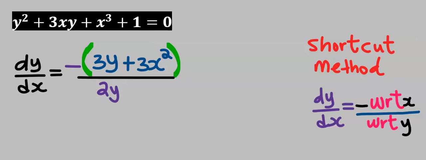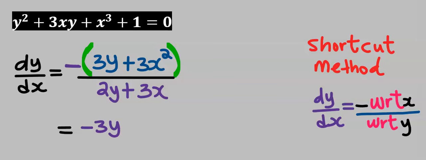Next, I'm going to differentiate 3y, ignoring x. If you differentiate 3y, you're going to get 3. However, because this x is multiplying, I'll just leave it attached to the 3. Next, expand the bracket. This minus will multiply 3y, and you're going to get minus 3y.